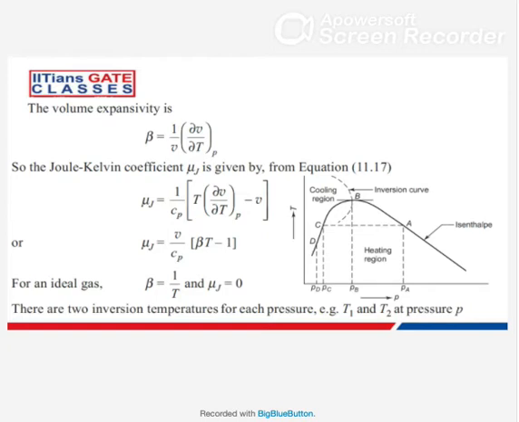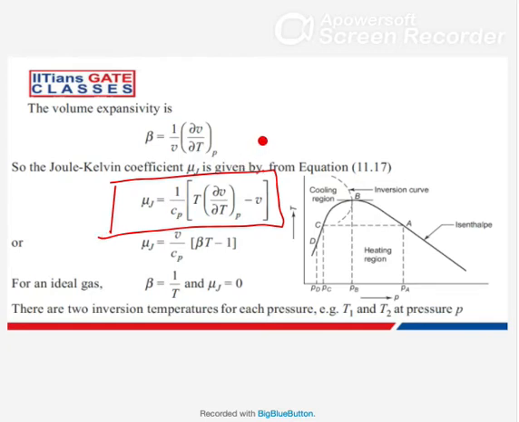So this we have already seen. Now beta you can calculate. This is our mu j equation that we have derived.